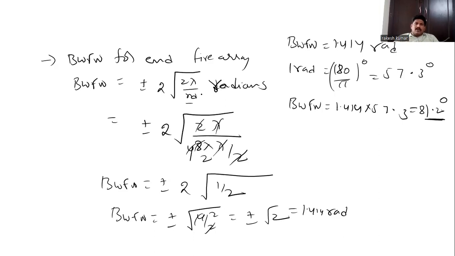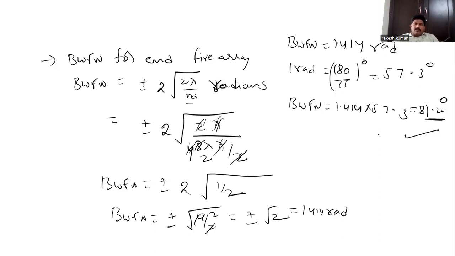Sorry, I went wrong: here lambda got cancelled, and 2 ones are 2, 2 fours are 8, 2 ones, 2 twos. Right, so it is 81 point something degrees.